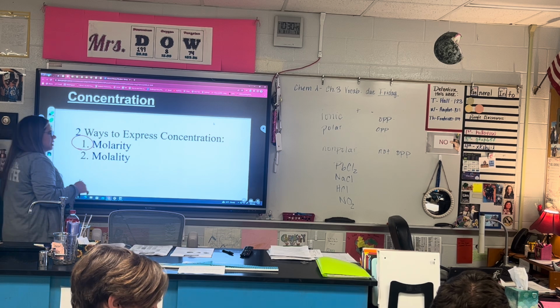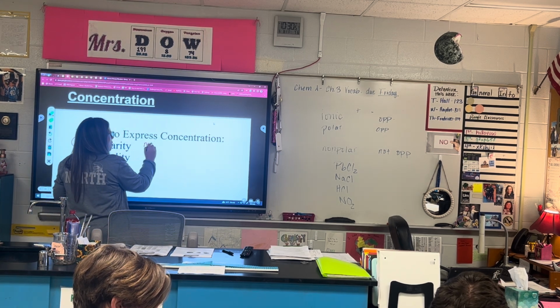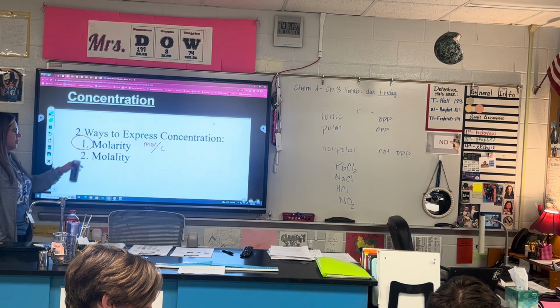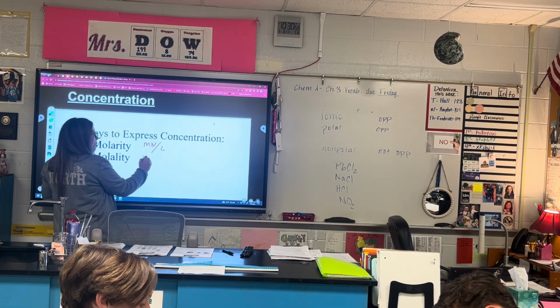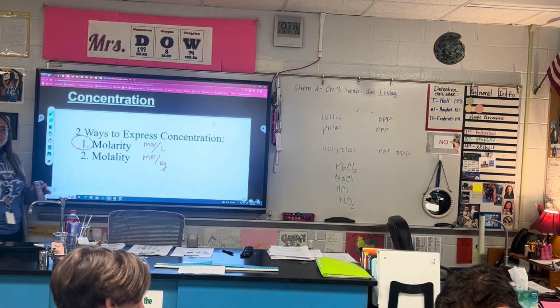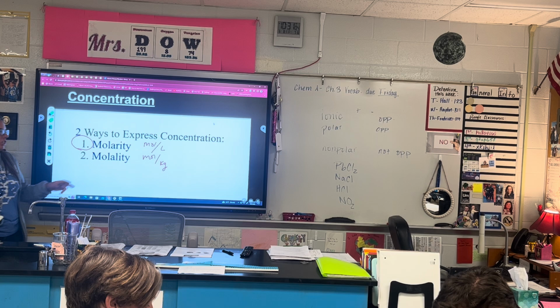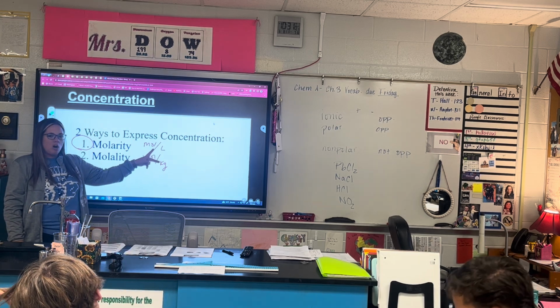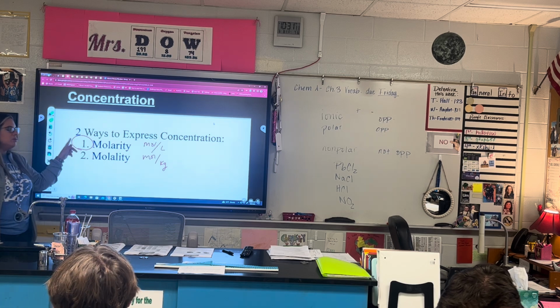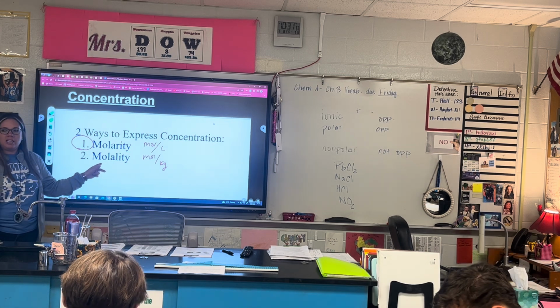Alright, the difference is when we calculate molarity, it's moles per liter. And when you calculate molality, it's moles per kilogram. Well, when we're using water as our solvent, which one would we probably measure our water in? Liters or kilograms? Liters. So that's why we use molarity, not molality.